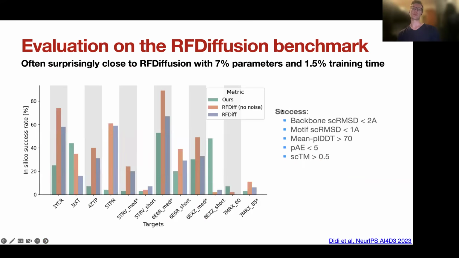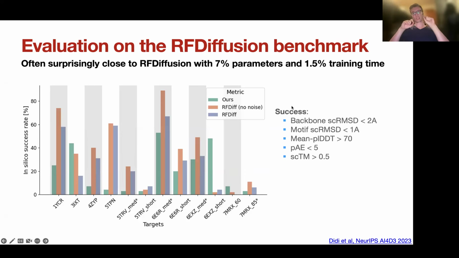Which is just a comparison of that to diffusion on this benchmark of contiguous motifs, so motifs that span one subregion. Here the success metrics are similar to what diffusion and other papers say. You want the self-consistency RMSD, as I mentioned, where the structure you design and the predicted structure should be similar.